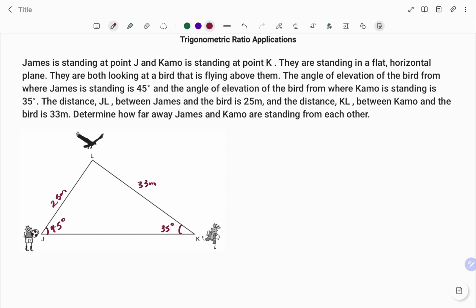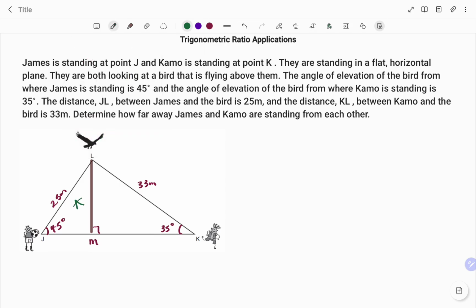First step is to draw a perpendicular distance from L to the base, such that I have that as 90 degrees. I'm going to tag that point M. So I have the distance JM and MK that will give me the total distance between James and Camo.